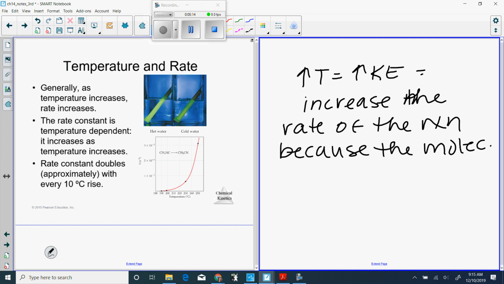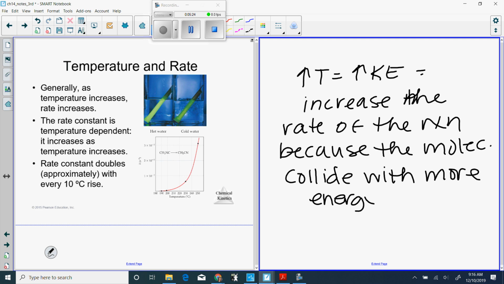Molecules collide with more energy and with more frequency. If they have higher kinetic energy, they're moving faster, they have more energy.